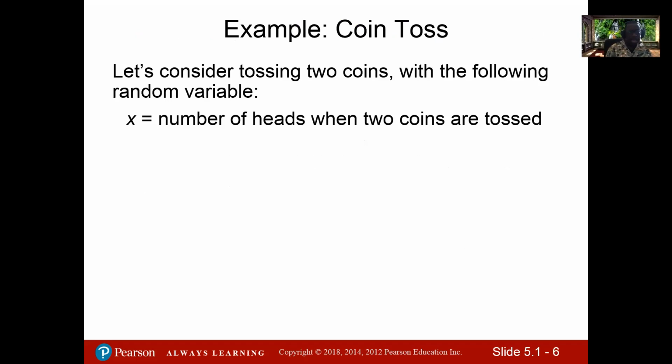Now let's consider tossing a coin. I want to show how we can get what I mean by the probability distribution. If you toss it 2 times, the following represents the random variable. We let x be the number of heads when we toss 2 coins.